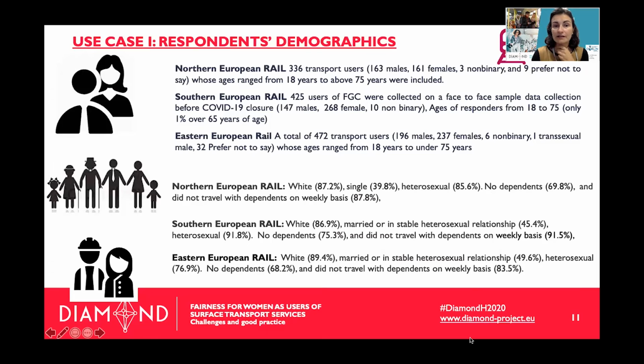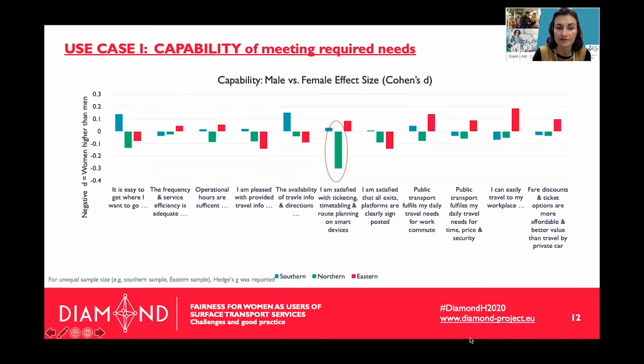We were able to get a significant number of respondents in the Irish case study, the Spanish case, and the Polish one. You can see in the slide some of the background of the actual sample collected and how they differ in terms of socio-demographic characteristics, ethnicity, and gender, mainly female and non-binary respondents.